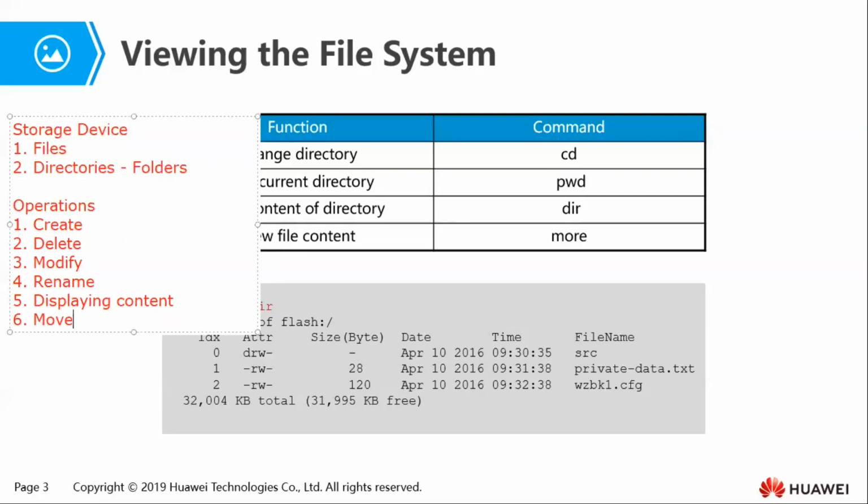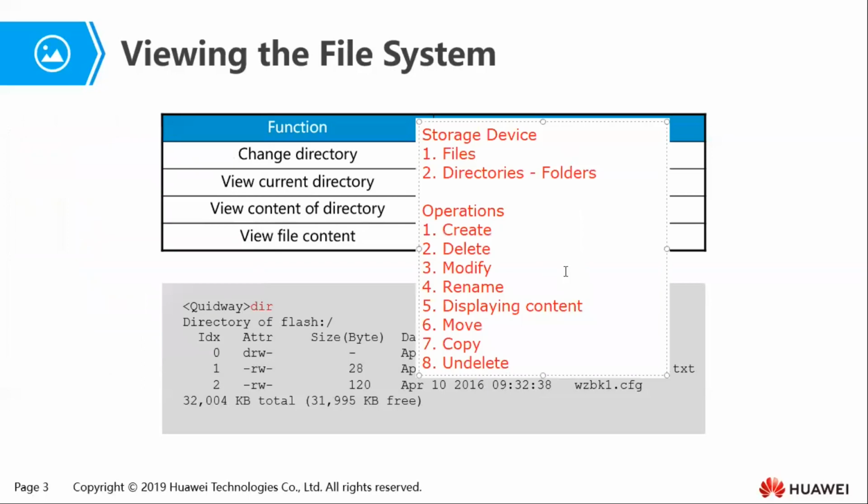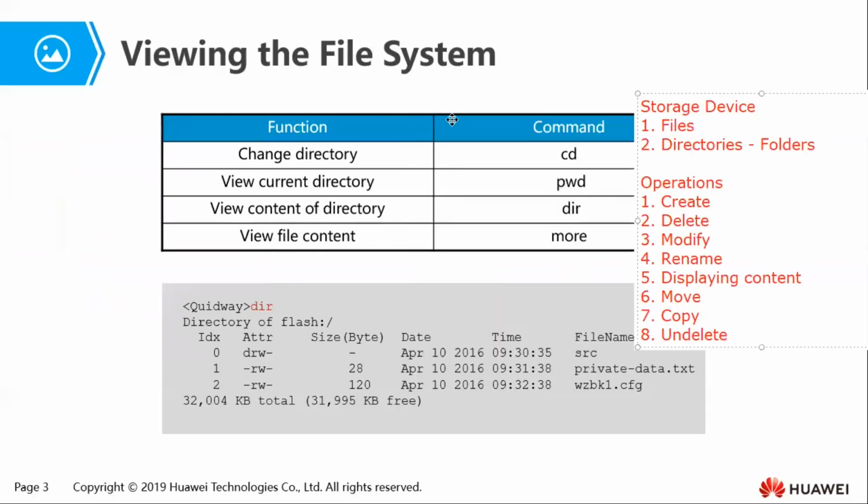You might want to move it. You might want to copy. You might want to undelete, that is recovering it from the recycle bin and so on. So generally, in this particular chapter, we are supposed to understand how in VRP we can do all these things. That is what this chapter is about.